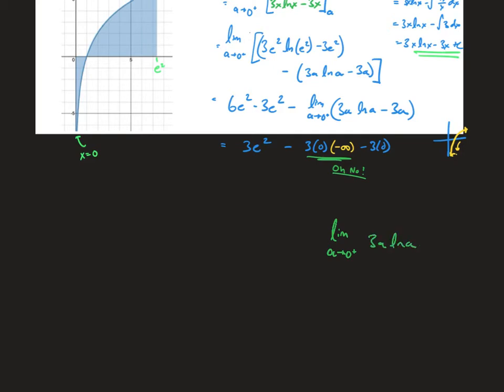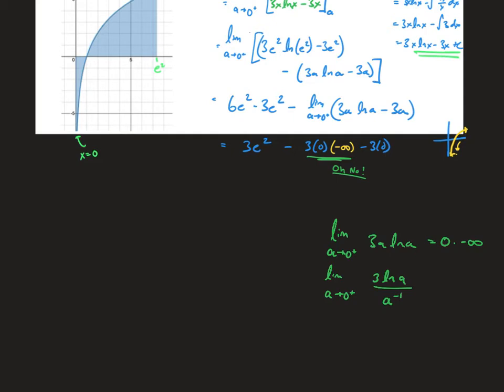Because right now, that equals 0 times negative infinity, and that's a problem for me. That's an indeterminate form, which means that in order to evaluate that particular part of my limit, I need to rewrite it.